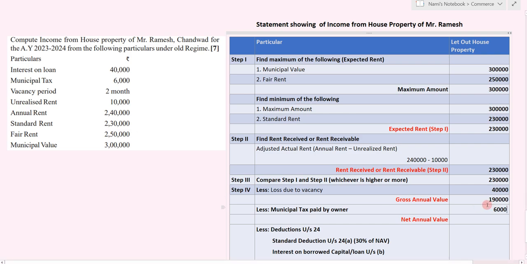So from the gross annual value, that is 1,90,000, less the municipal tax. Okay, 1,90,000 minus 6,000, the value remaining is 1,84,000. So 1,84,000 is called as net annual value.